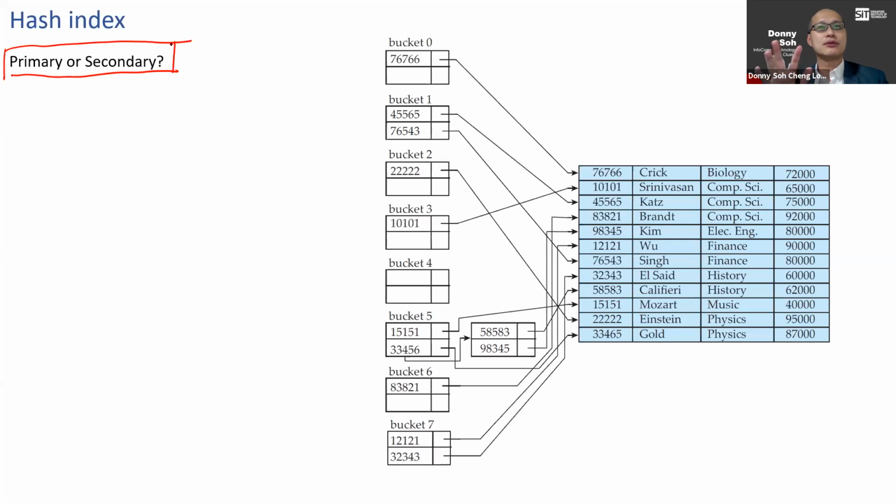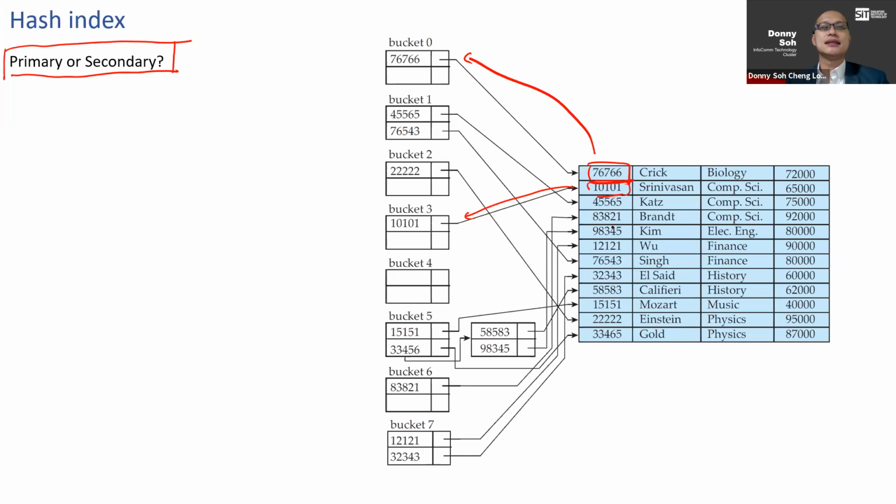Okay, let's go on with the hash index first. Is the hash index a primary index or a secondary index? In this, for every single value here, we are hashing it and storing it into a particular bucket.